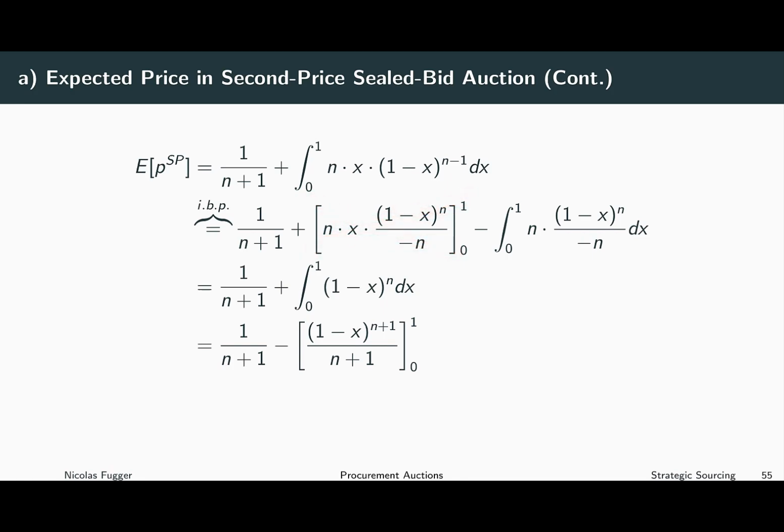So what's remaining after cancelling out the ends is just this expression. And here, for the second part, it's easy to get to the integral. The integral is given by (1 minus x) to the power of n plus 1 divided by n plus 1.